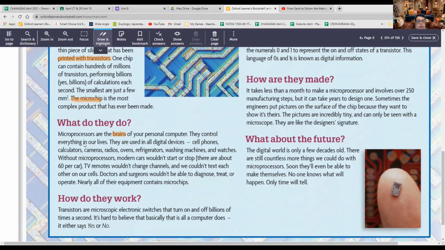They control everything in our lives. They are used in all digital devices: cell phones, calculators, cameras, radios, ovens, refrigerators, washing machines, and watches.